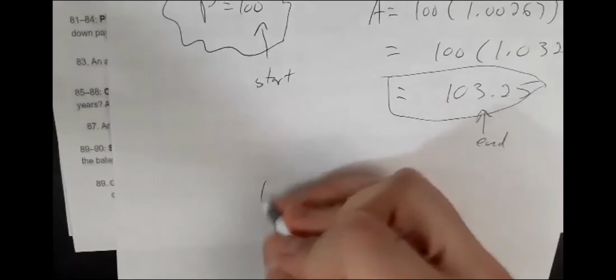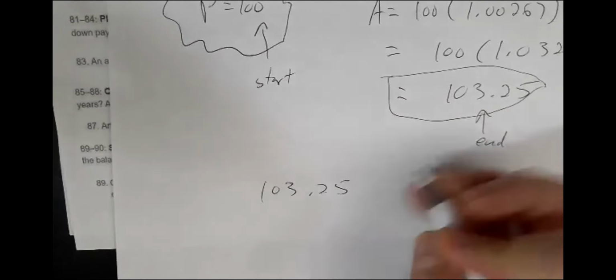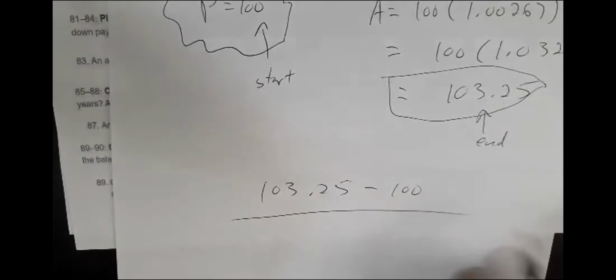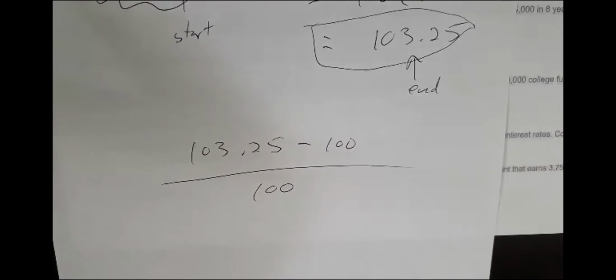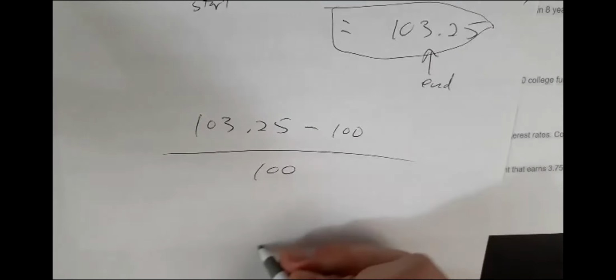Exactly. So we want the relative increase. So that is the absolute increase. If we want the relative increase, what are we going to have to divide this thing by? 100. Yeah, and that's part of why I picked that for my P, right? So 325 divided by 100.